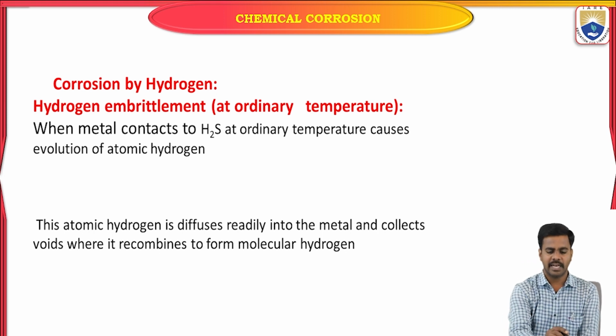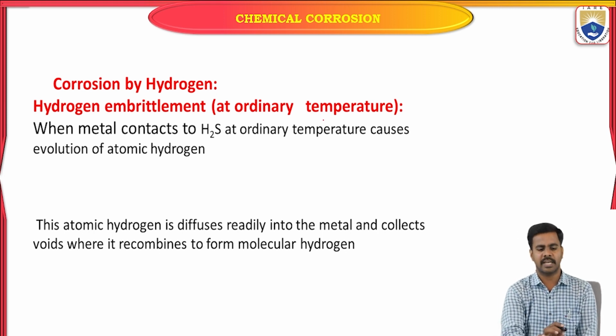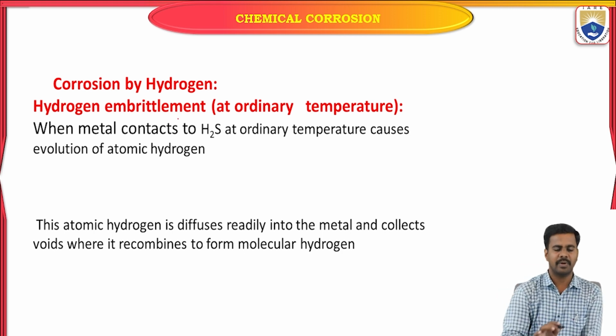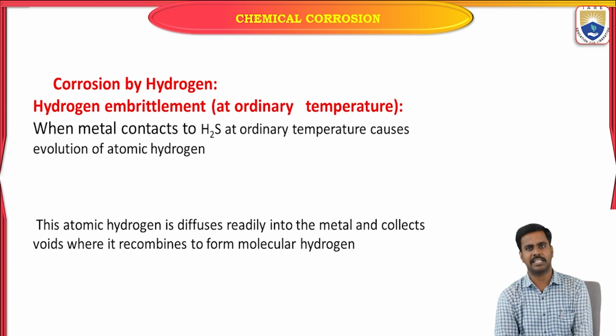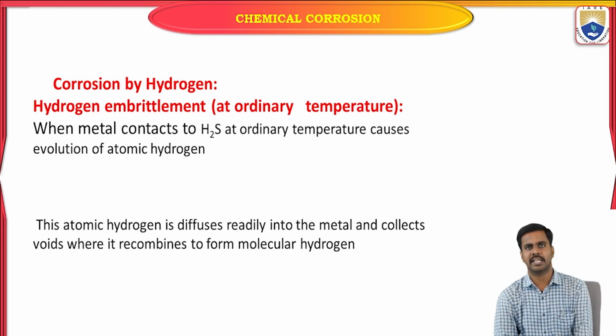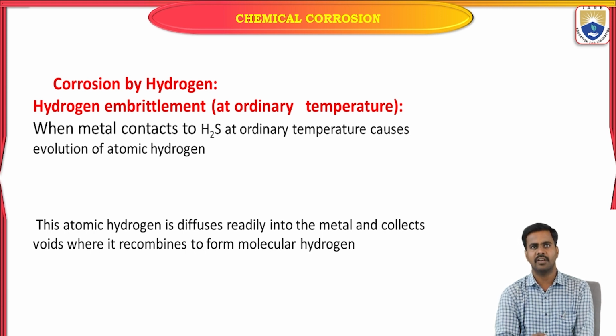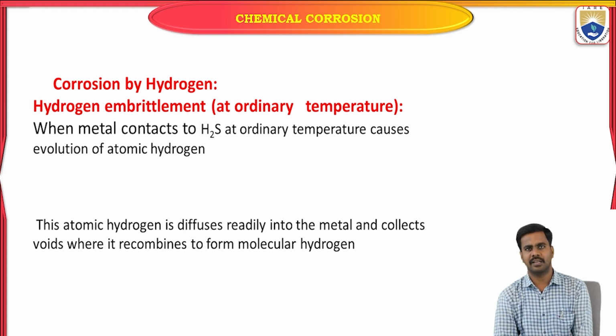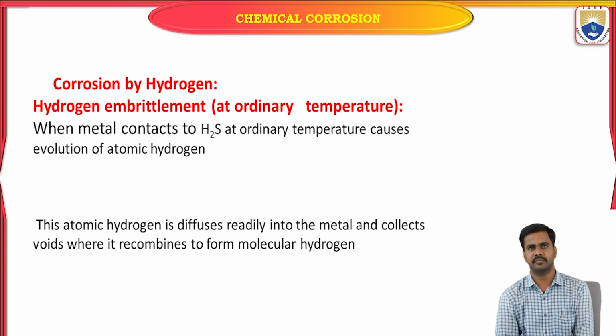So let us see, at ordinary temperature hydrogen embrittlement takes place. Here embrittlement is nothing but breakage. When metal contacts hydrogen sulfide at ordinary temperature, it causes evolution of atomic hydrogen.